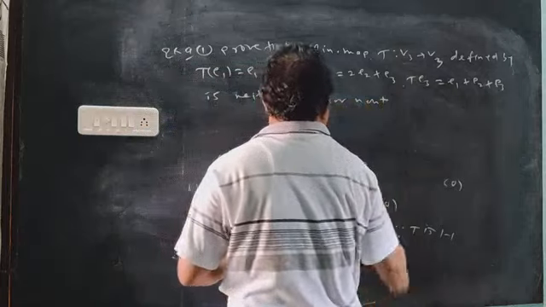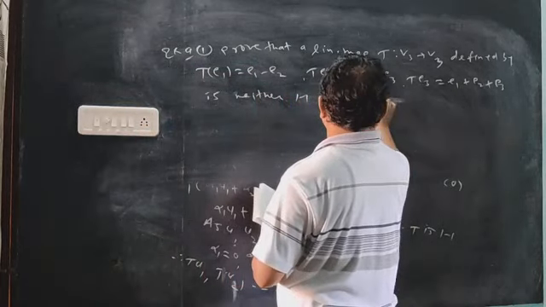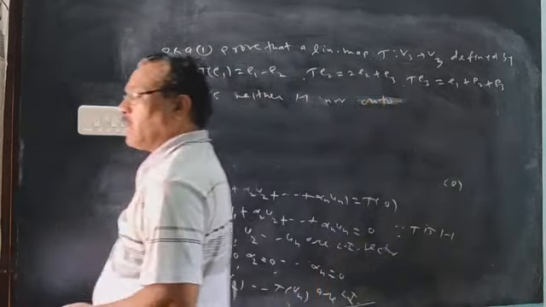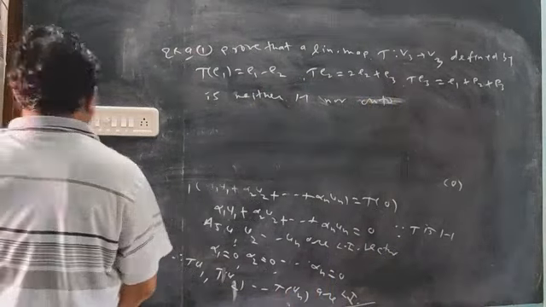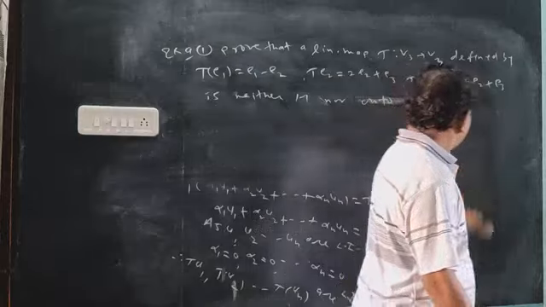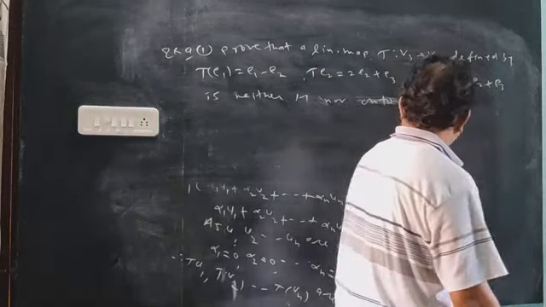Not 1-1 means null space of T is not equal to 0; not onto means, by the theorem, the dimension of the range is not equal to the dimension of V.